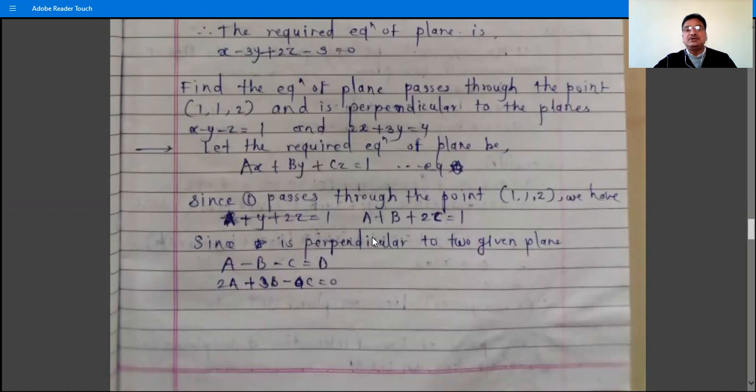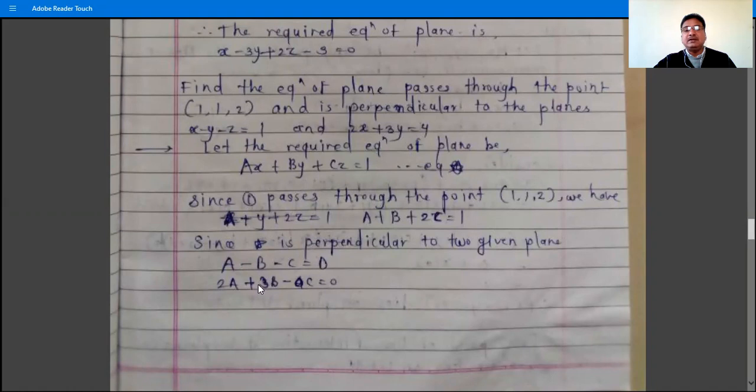And we have another equation: 2 into a plus 3 into b plus 0 into c is equal to 0.